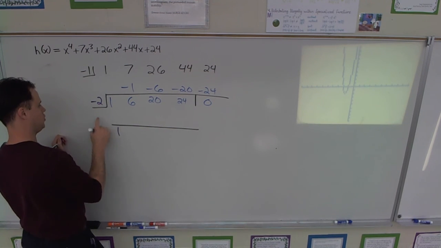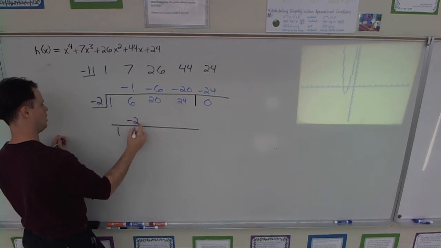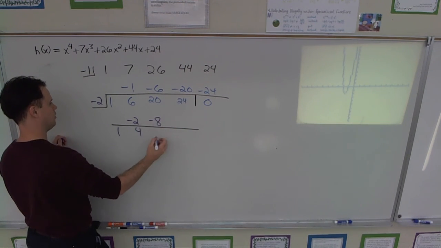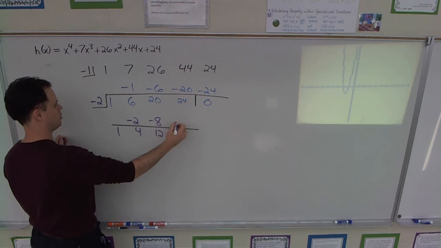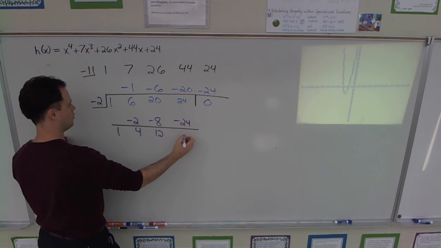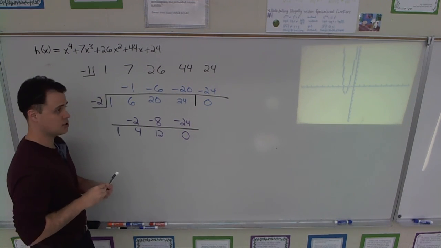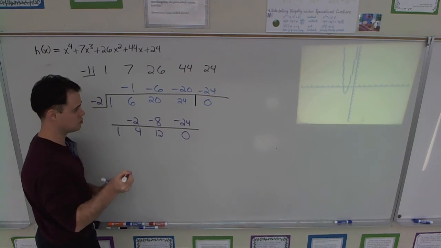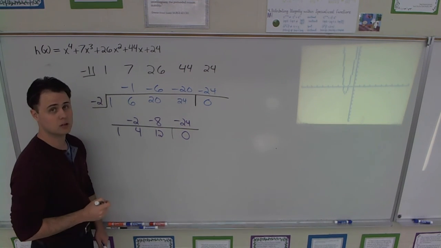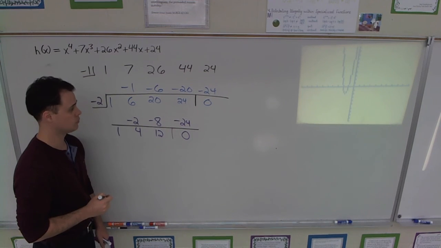Bring down the 1, multiply, and add. Multiply, and add. Multiply, and add. I was expecting that as well because my graph already told me it was a 0, so I was expecting to get a remainder of 0 when I divided by -2.